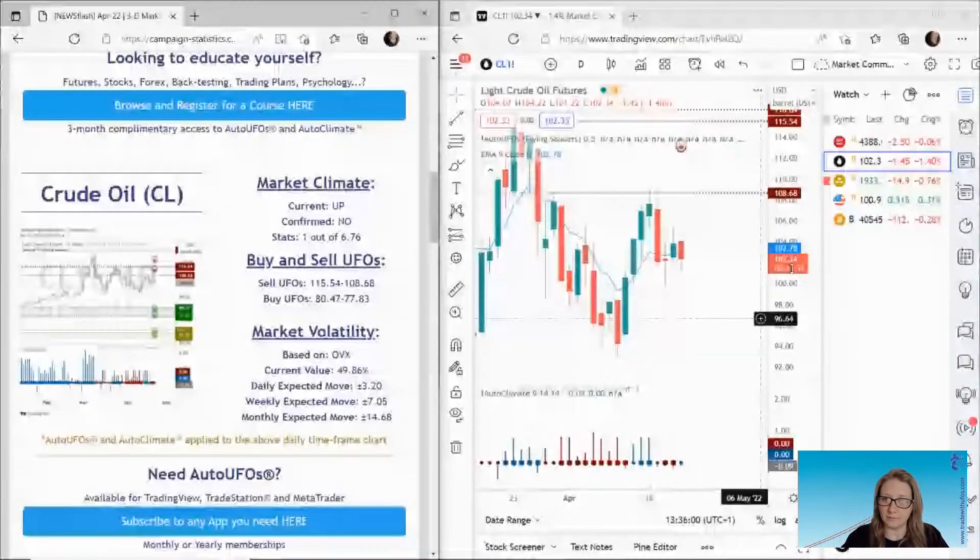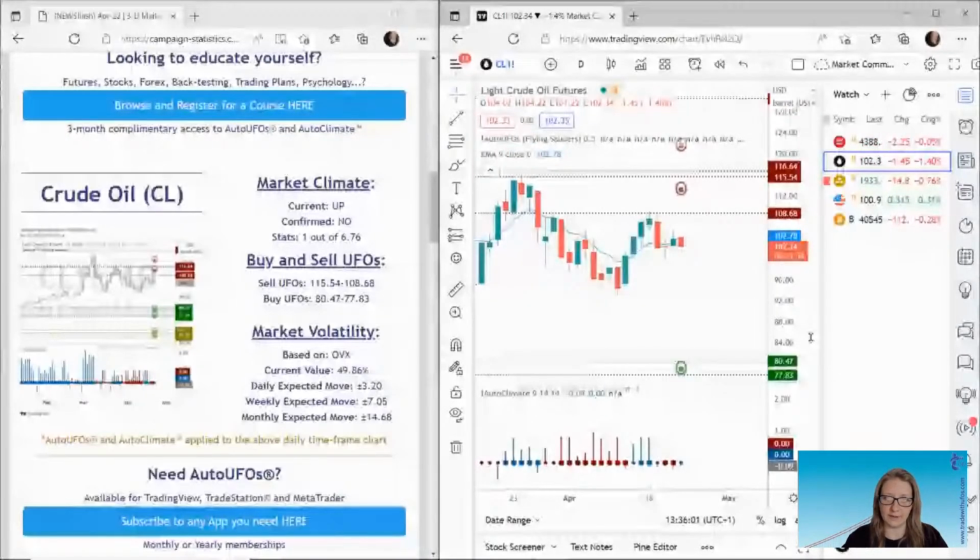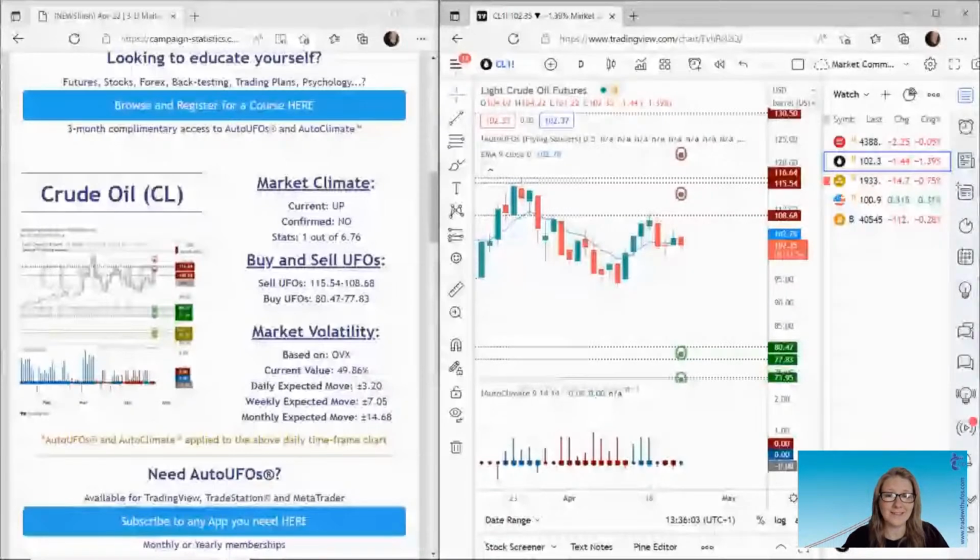Okay, so crude oil. Let's squish this down here. We have a thin dot on crude oil. That tells us not enough probability either way, an undecided market with no clear probabilities in either direction. Now we have sellers up here between 115.54 to 108.68. Price came up to them before and was pushed down.